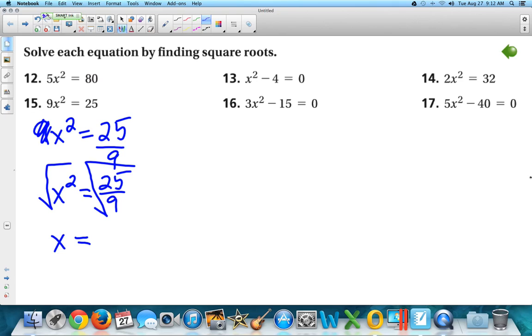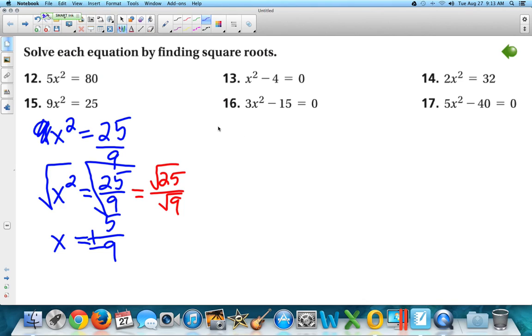This is going to be the square root of 25 over the square root of 9, which, lucky for me, works out nice and pretty, and I get 5 over 3. Oh, forgot one thing. I need my plus minus. Okay, so x is positive or negative 5 over 3.